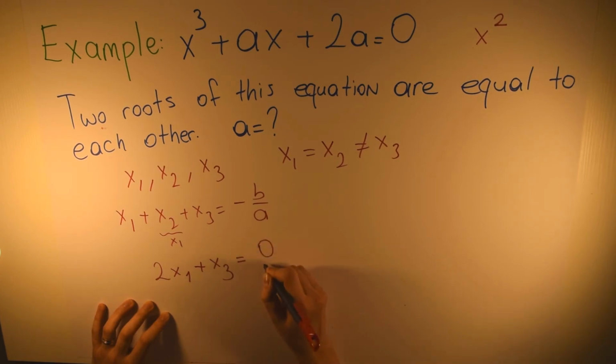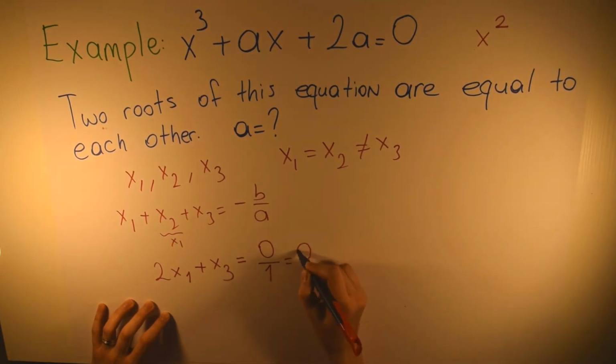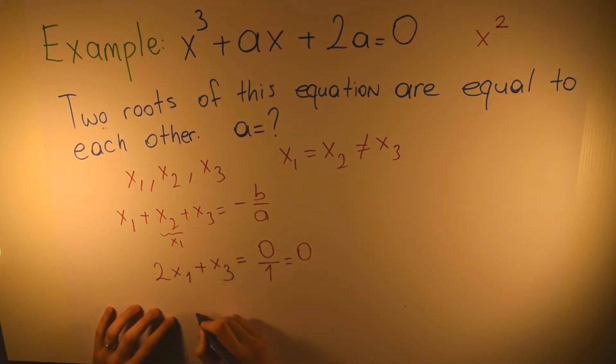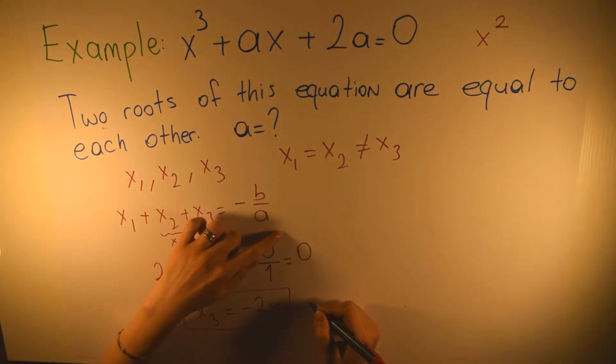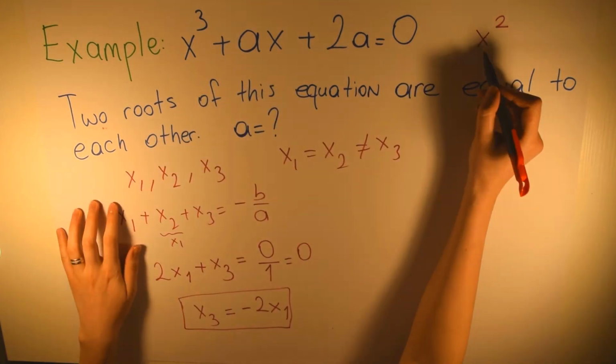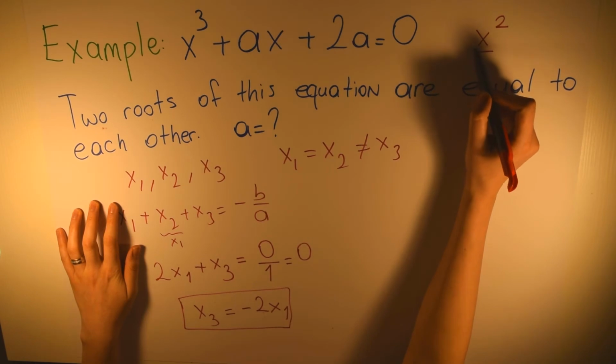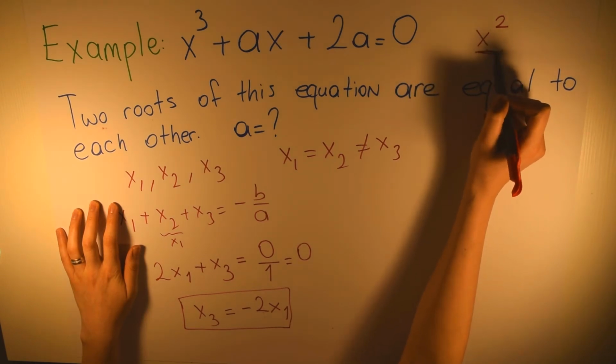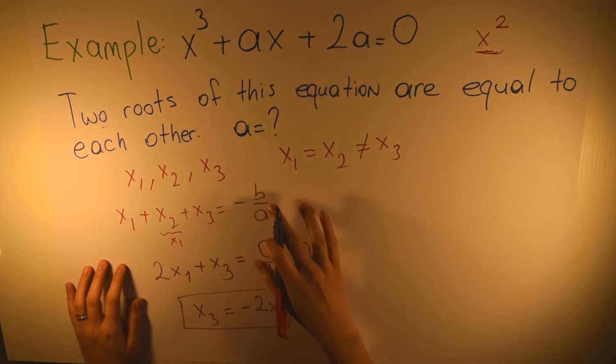So it is 0 over our a, which is 1, which equals 0, which means x3 is equal to, when I put this term to the other side, minus 2x1. Don't forget, to find this value I have to have something with x squared. The coefficient in front of this variable is our b value.